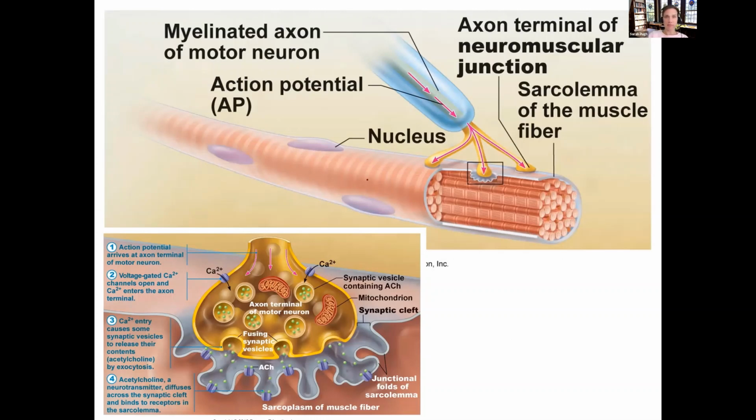We can see that skeletal muscle cell right here. You can see that neuron coming in. And I told you that the neuron is going to branch profusely. And so you can see all those branches. And right here, we're looking at an axonal ending where it is coming in to that muscle fiber, that muscle cell. And so down at the bottom, this image is just a blow up of that region.